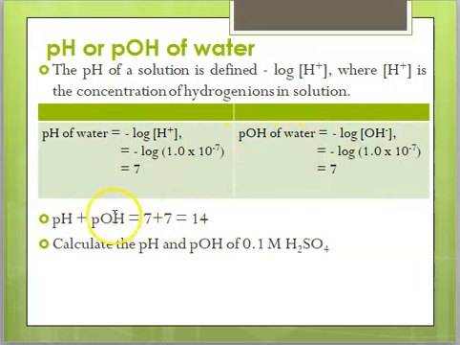When you add them, you get 14. Yes, this one I'm sure you know why. This is the reason why the pH scale runs from 1 to 14.